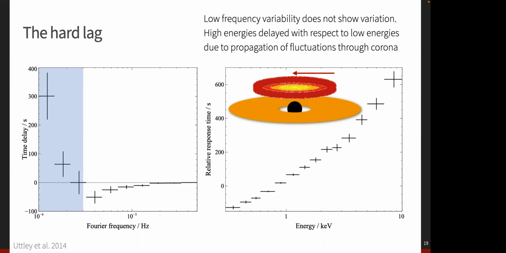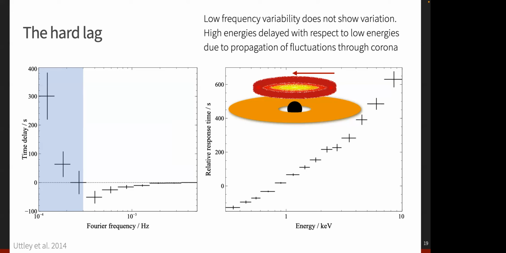And we can understand this picture if we have a corona that's not a point source, if we have an extended corona, a corona that's hotter in the middle than on the edge. So what's going to happen is our disk is going to be fluctuating all the time. Materials are accreting through the disk. We've got clumps, we've got overdensities, we've got underdensities. We have our turbulent magnetic field as well.